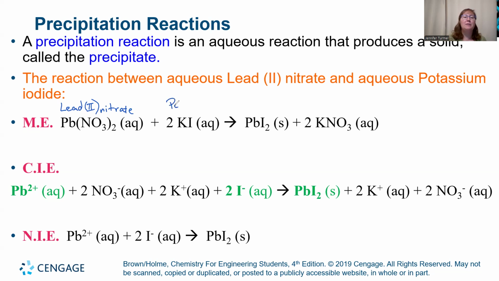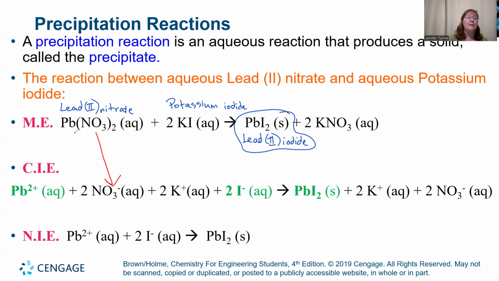Then we have our potassium iodide, and it is going to form lead II iodide as our product. And that's our solid right here. When we break those up, first of all, the nitrate is here and the lead II is here.